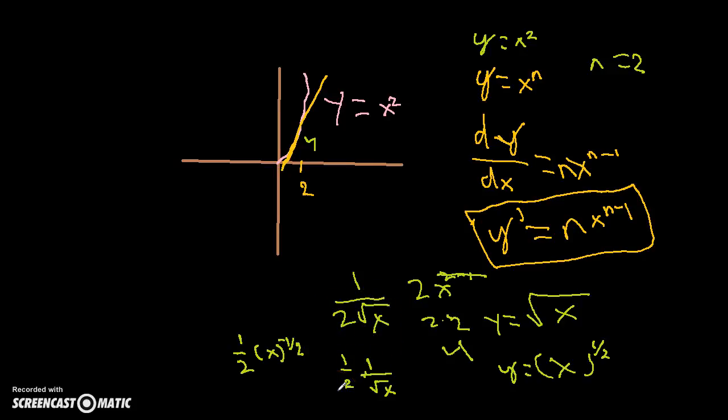Okay, so that actually is pretty interesting, and I could prove that. So that's basically the power rule. And now I'm going to show you why it works, and we're going to get a bit better understanding of derivatives.